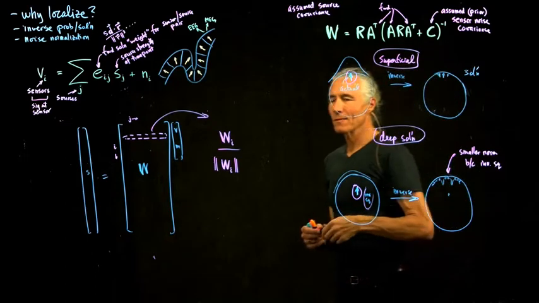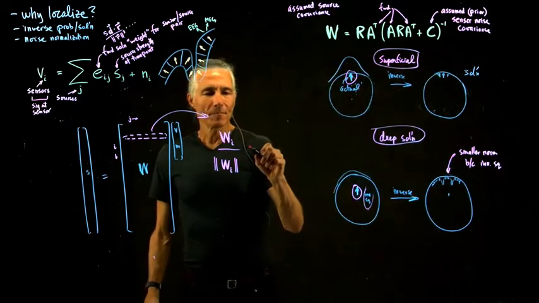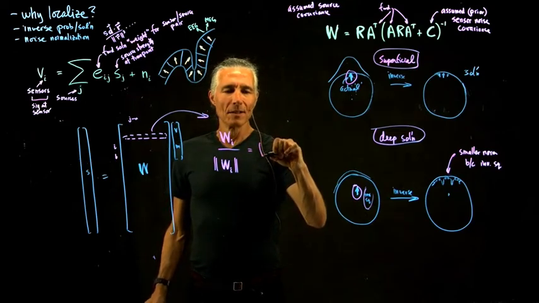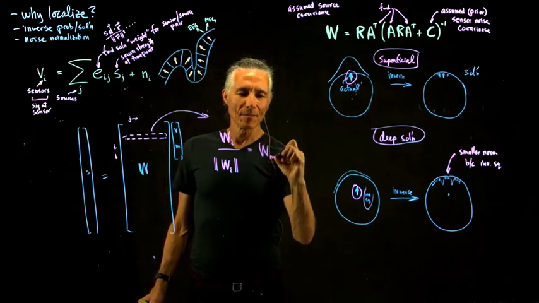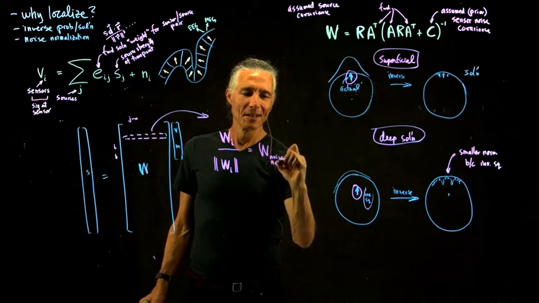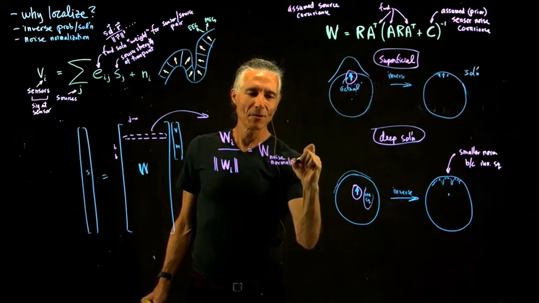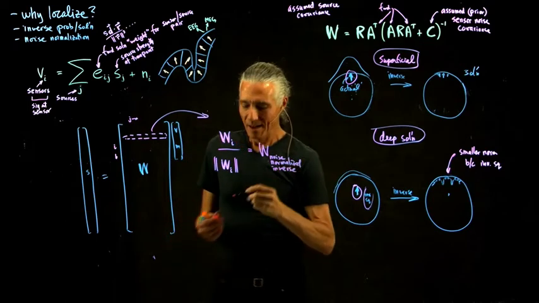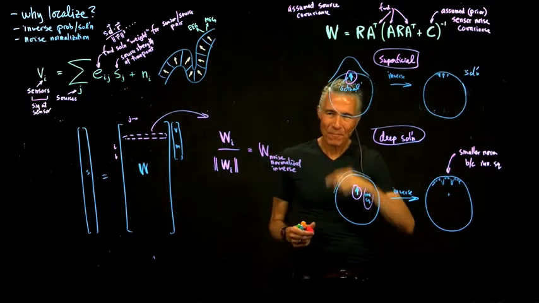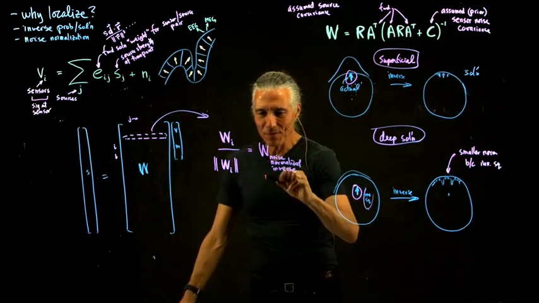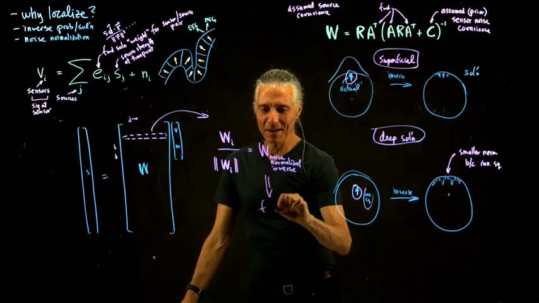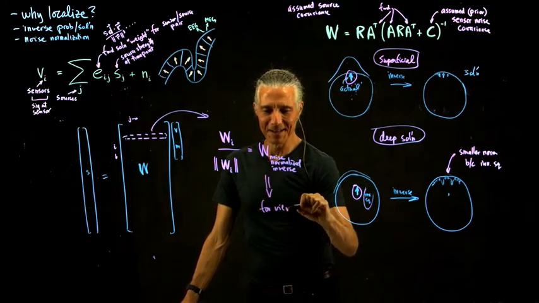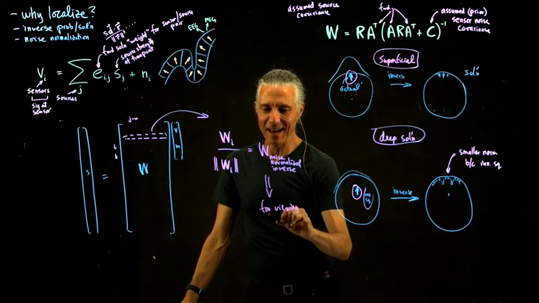So this is our noise normalized inverse. And what does this do? It's only for viewing, for viewing pleasure. It's like a stat. It's not the actual inverse.